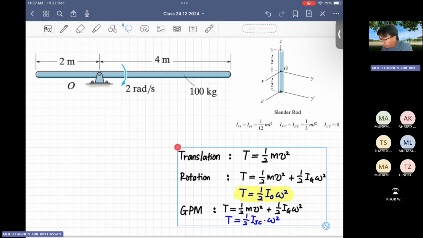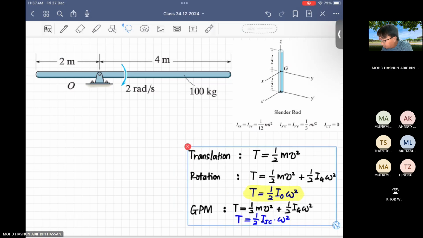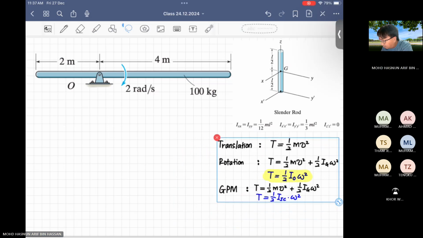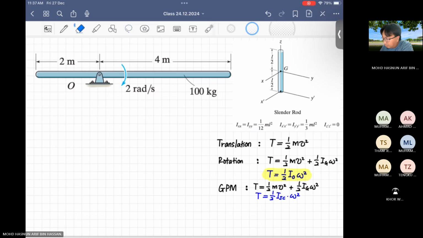Now we have a rod here. This is still a rotation problem. How do you do this? Let's first determine the center of gravity.